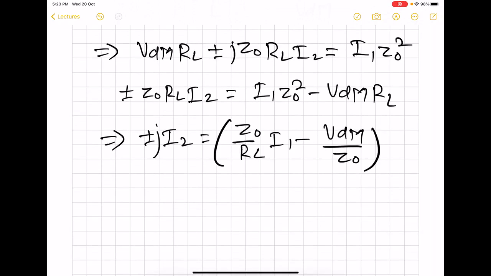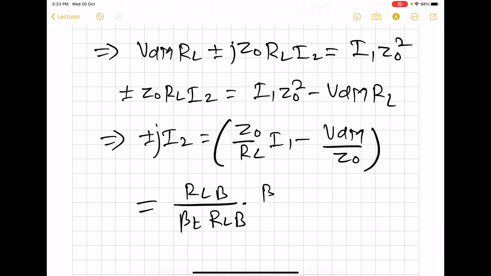So we have already found out what Z naught should be, and Z naught was equal to RLB, and RL is equal to beta T RLB.